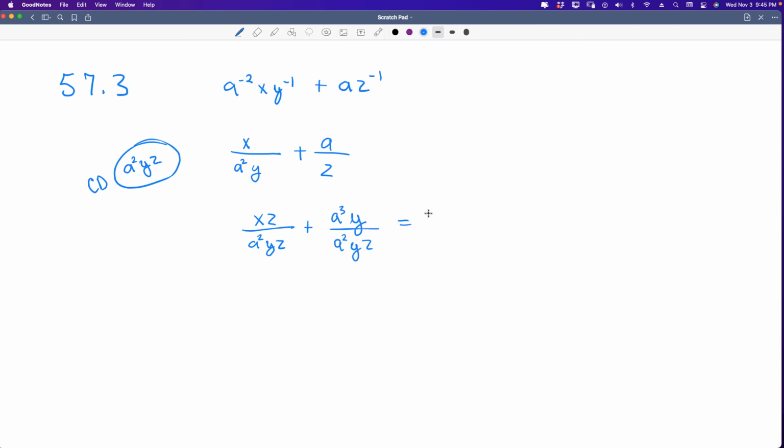Now we put them together, xz plus a3y all over a2yz. That is our answer for this one. Let me double check. And that is correct. That's what we have.